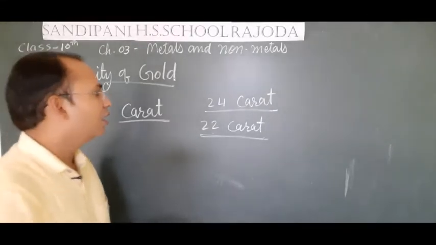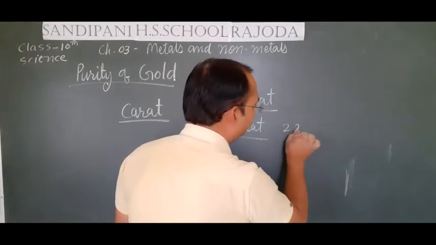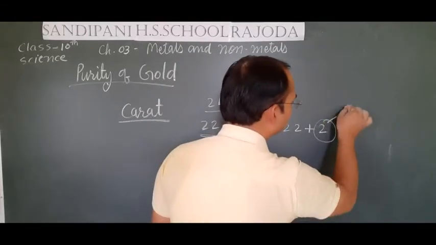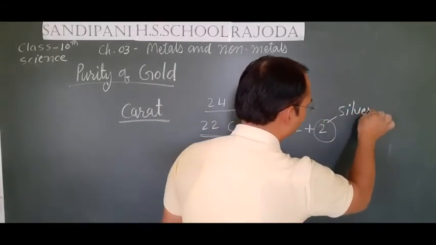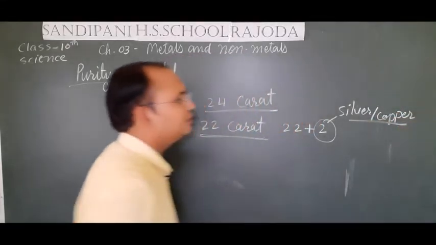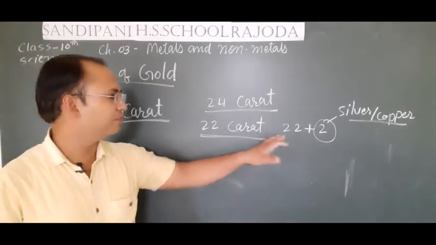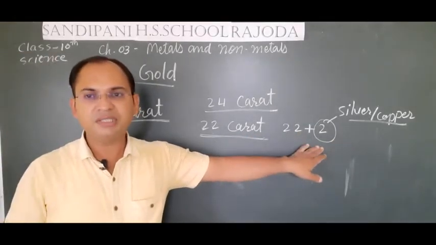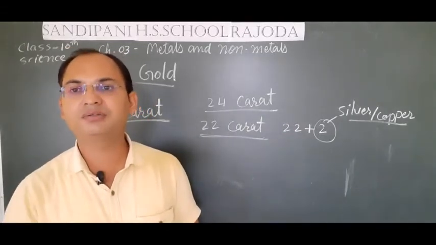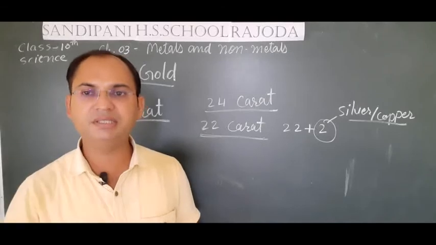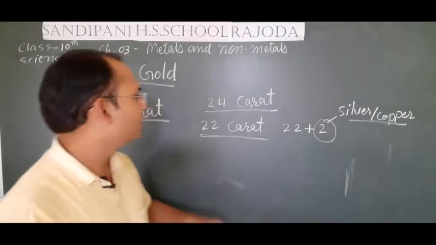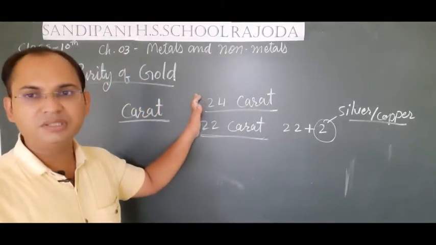That in 22 parts of gold, 2 parts of other metal, it may be silver or copper, may be added in it. 22 parts pure gold plus 2 parts of other metals like silver and copper are added in the gold in order to make it hard, so that it is easily suitable for making jewelries. And 24 karat gold is pure gold.